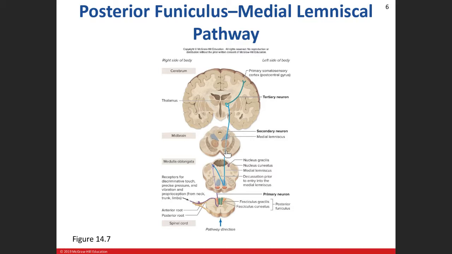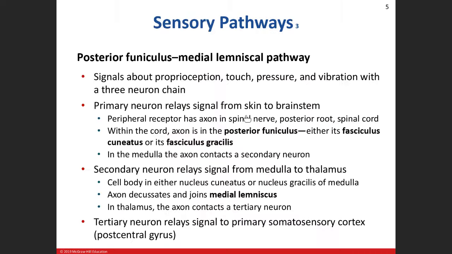It's going to go up through the pons and up through the midbrain, traveling in the medial lemniscus all the way up to the thalamus. Then it synapses onto the tertiary neuron.